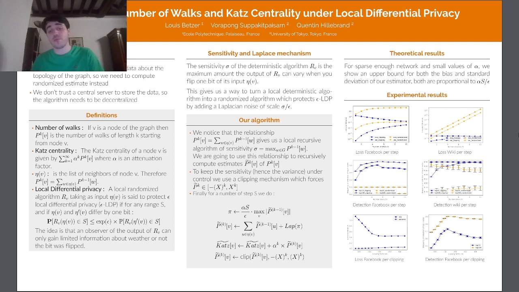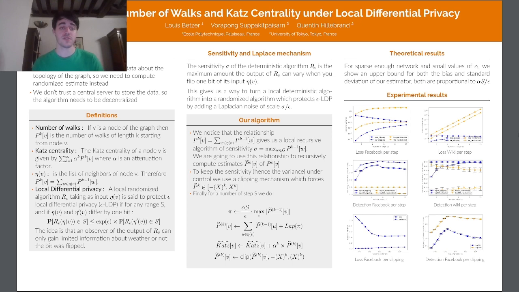at each step we add some noise, and also the noise is proportional to the number of steps that we have. And we also see that the bias squared, which is the difference between the square loss and the variance, is reducing as we increase the number of steps.